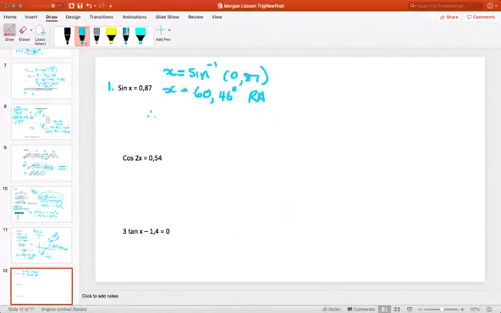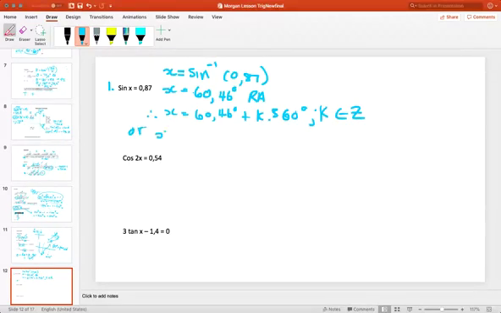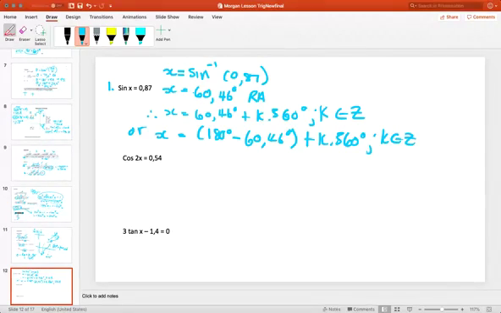So now we say, therefore, x is our reference angle plus k times 360, where k is the element of the integers. Or x is going to be 180 degrees minus 60.46 degrees, close your bracket, plus k times 360, where k is the element of the integers.